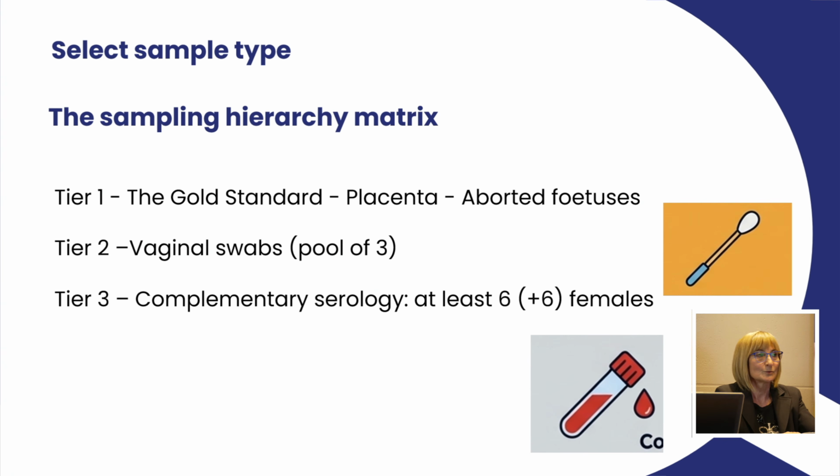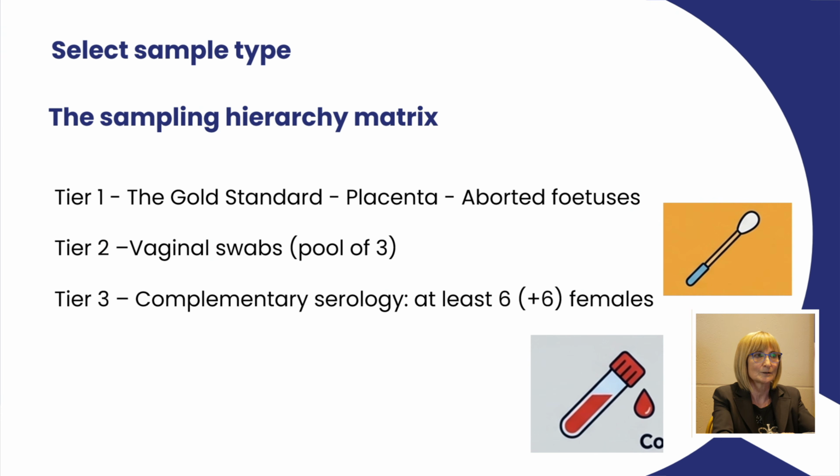Then we have to select the sample types and the sampling hierarchy. Here we can have 3 main points. About the main point, the animal to be sampled, the gold standard, we said, is placenta and aborted fetuses.